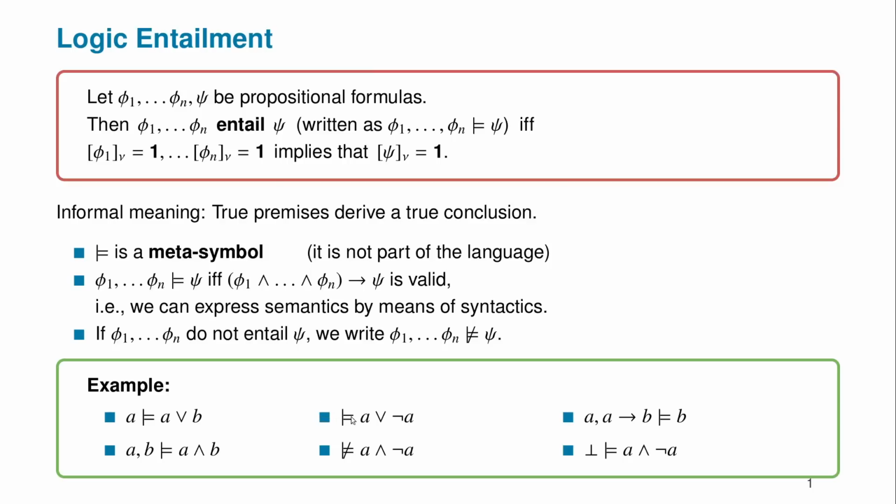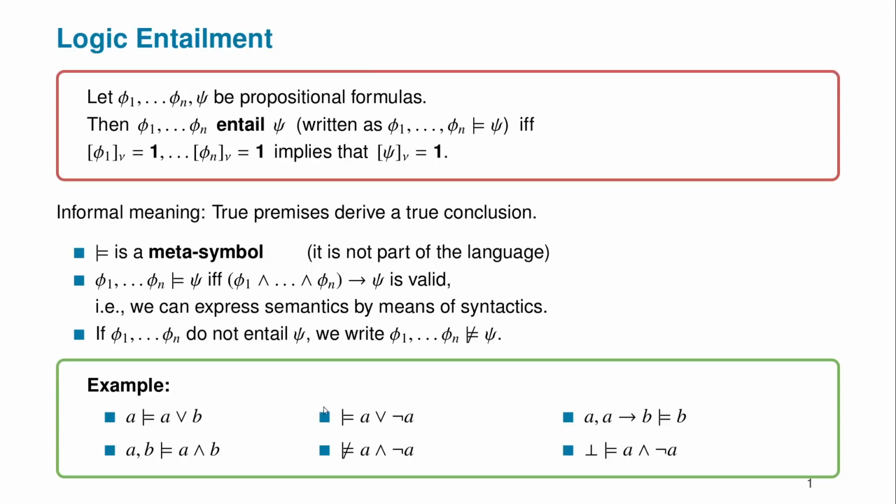And what we say is that top entails a formula, in this case A or B, and what it says is that the formula on the right-hand side is a valid formula, because no matter how I assign the values for any variables occurring in the right-hand side formula, the right-hand side formula evaluates to true if the left-hand side formula evaluates to true.